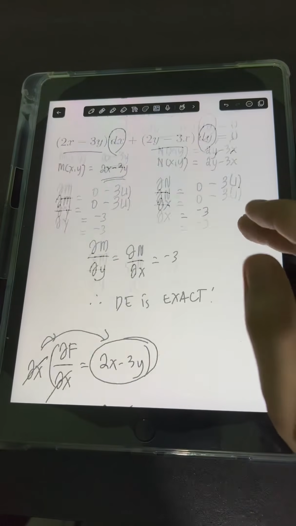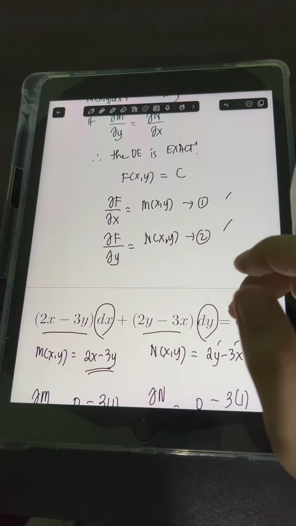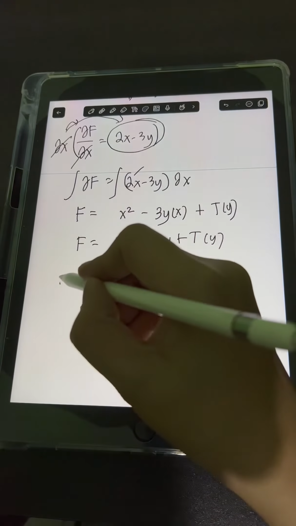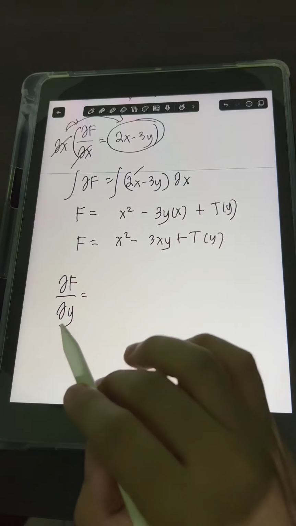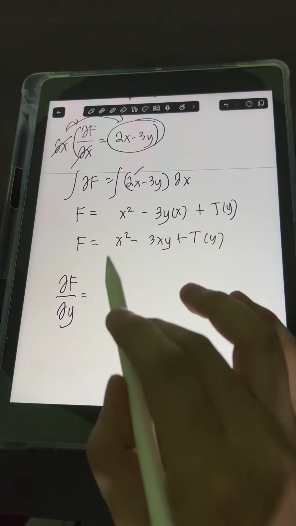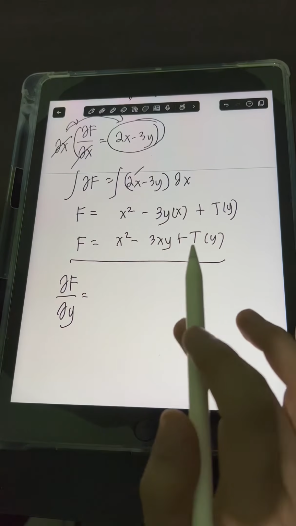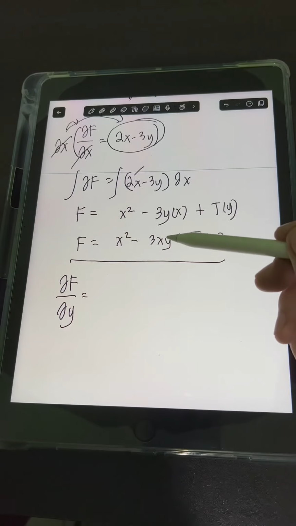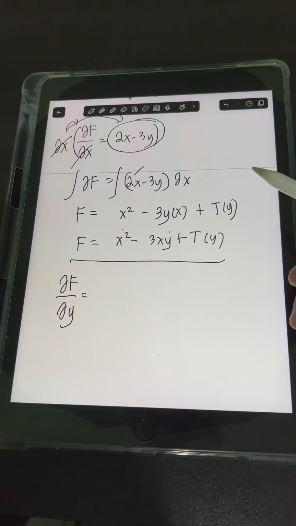Then applying the second condition, the partial derivative of f with respect to y is equal to N(x,y). So we will have the partial derivative of f with respect to y. We will need to differentiate this obtained f so far with respect to y. So we will treat all the variable x as constant and differentiate all the variable y.